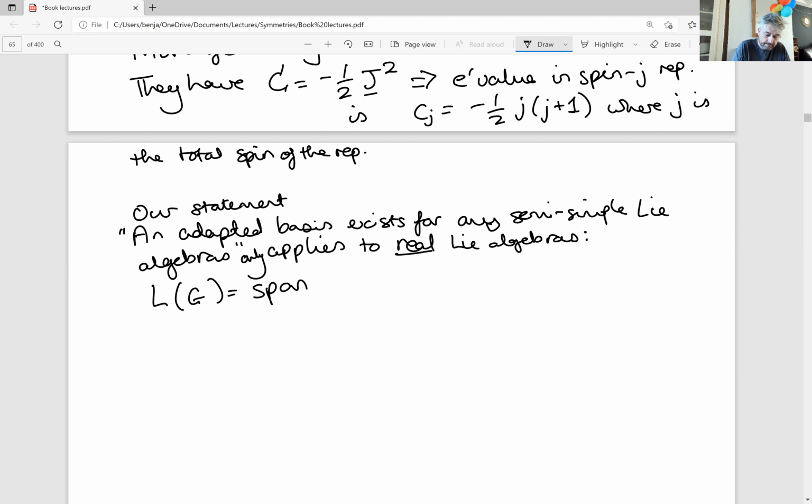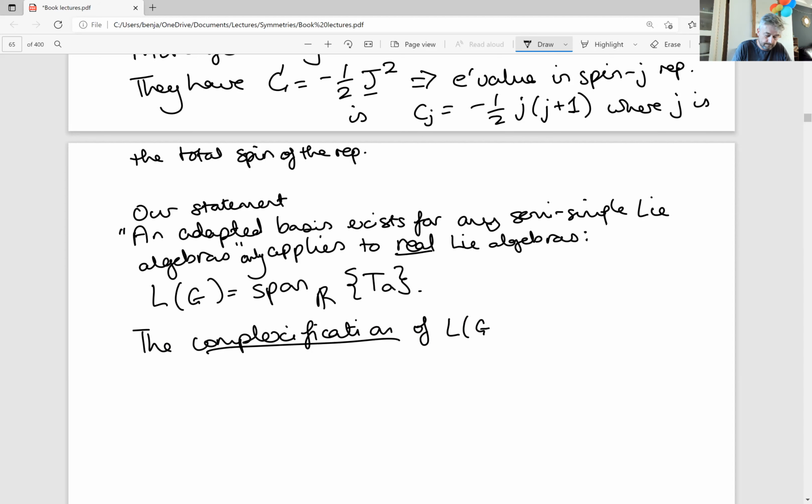This is the span over the real numbers of the Lie algebra basis vectors. And so we can define the complexification of a Lie algebra, and it's the same thing.